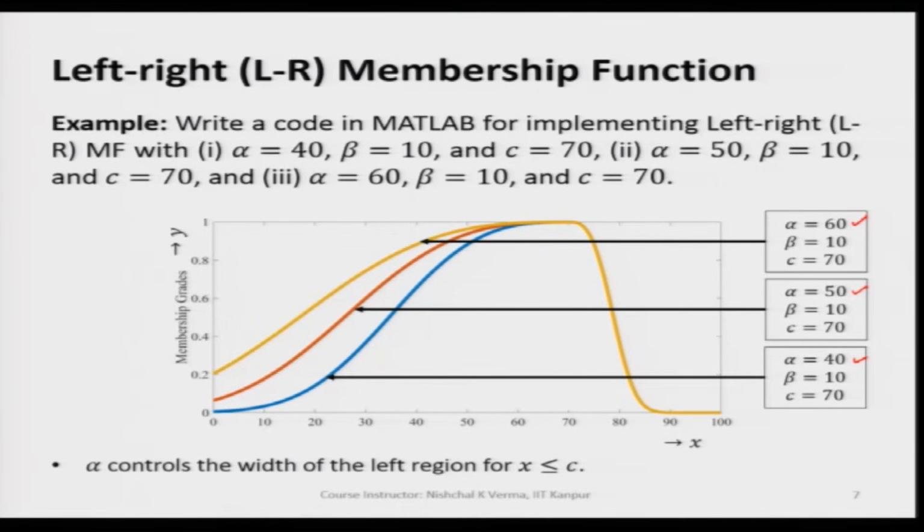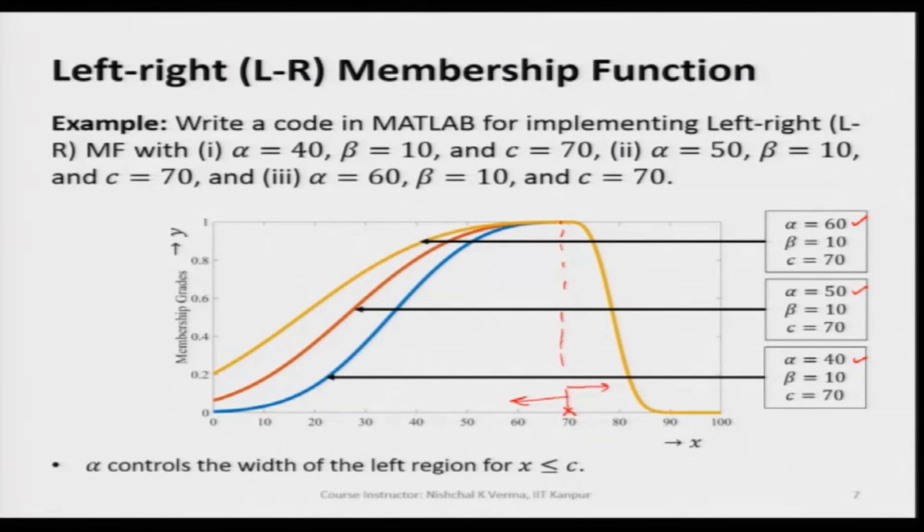Since the value of C remains the same, let us see where this C is: 70 is this point, and this side is the left side of C, and this side is the right side of C. As I already mentioned, when we change alpha, we see clearly that the left side of the curve is changing.